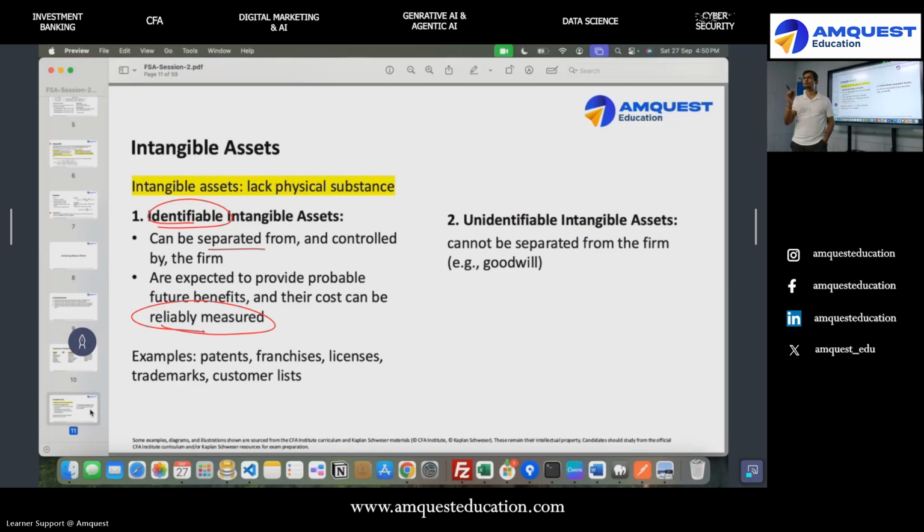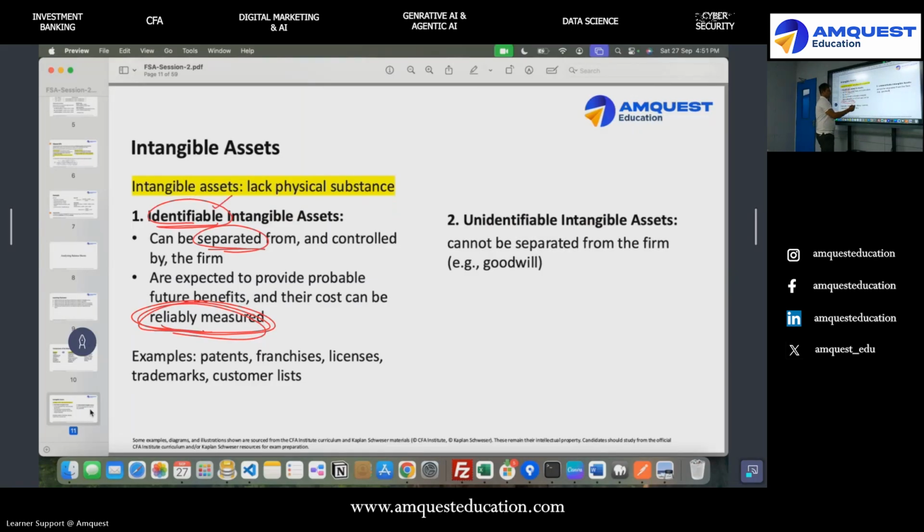Example, suppose you want to apply for a patent or register a trademark. What is the cost of the trademark? You need to pay certain fees to the government, license fee, purchase fee. So you know the cost of creating a trademark, plus other costs that you incur. So you can reliably measure the cost, and therefore you can identify it, and therefore it's called identifiable.